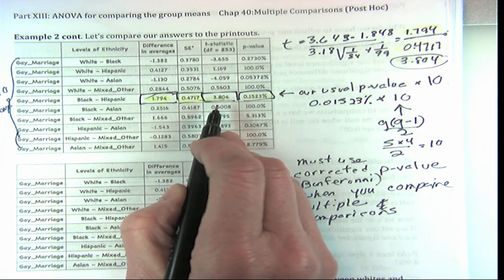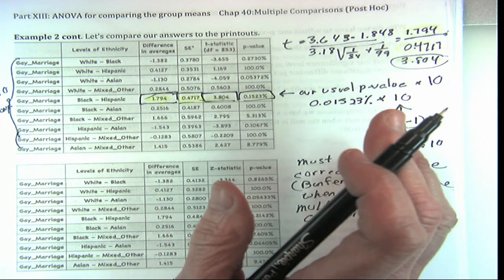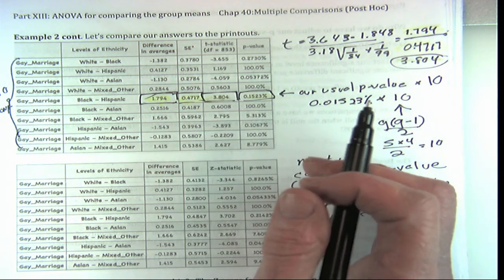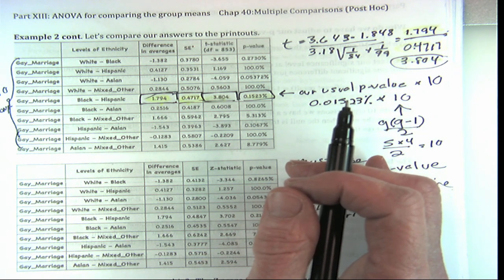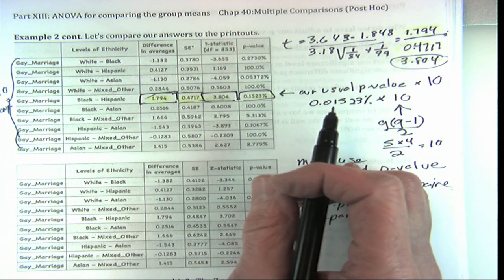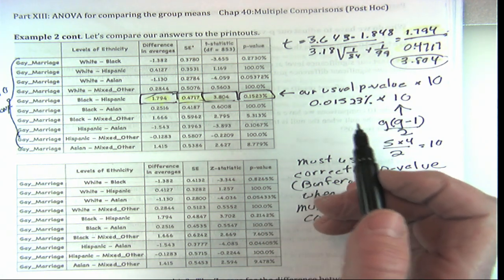But imagine looking at 100 of those, 100 pairwise comparisons. At the 5% level, that means 5% of those 100, 5 of them, you would expect to be as extreme.